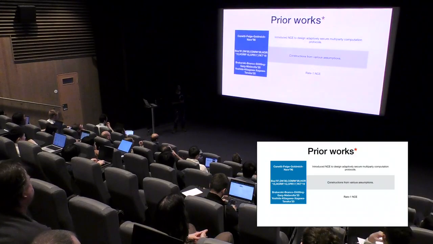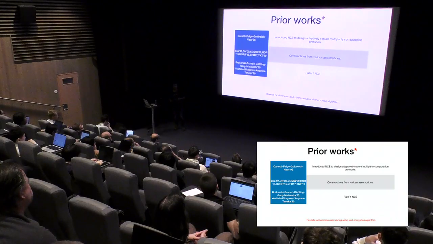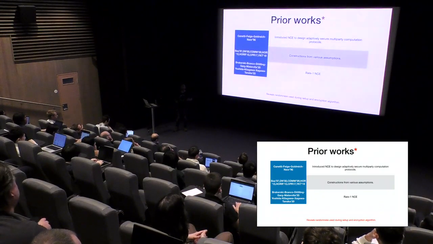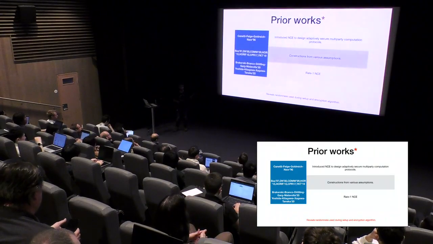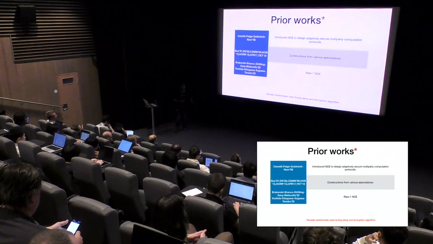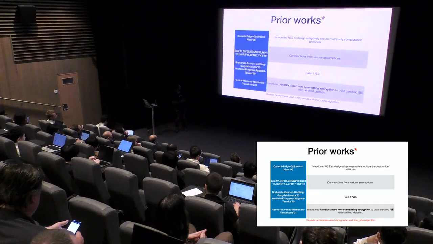All these works have a star over there because they deal with the setting where the adversary not only gets the secret key, but also the randomness used to generate the public key, secret key pairs, and the randomness used to generate the ciphertext. So NC is actually a pretty strong entity. But in this talk, we'll be talking about the adversary not getting the randomness, just the master secret key or just the secret key.